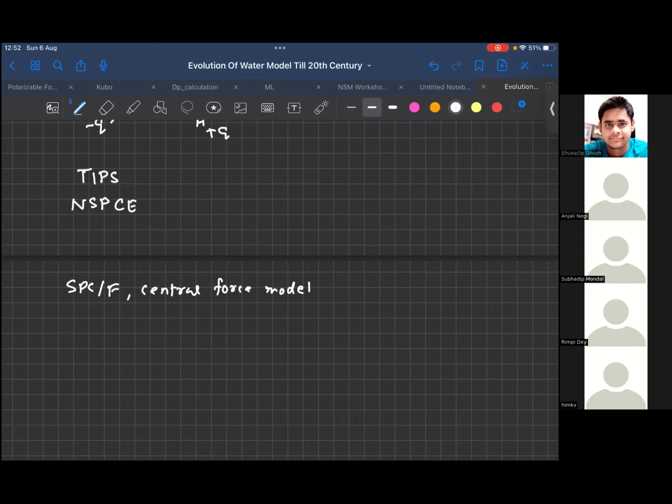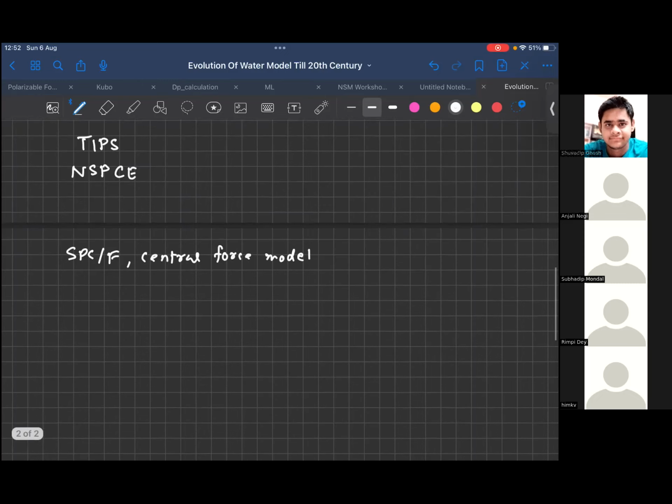And after that, a few water models like SPCP, CKL, and R-pole are the models where people try to include many-body effects.